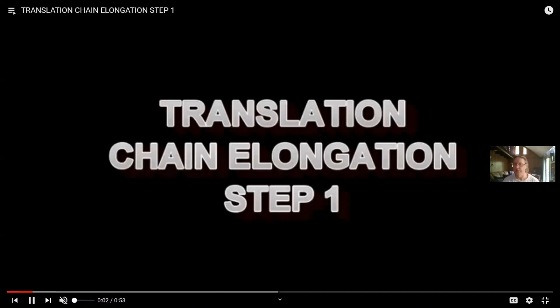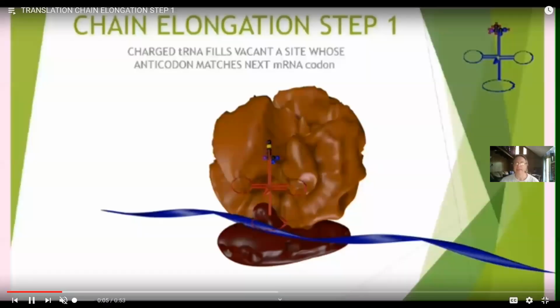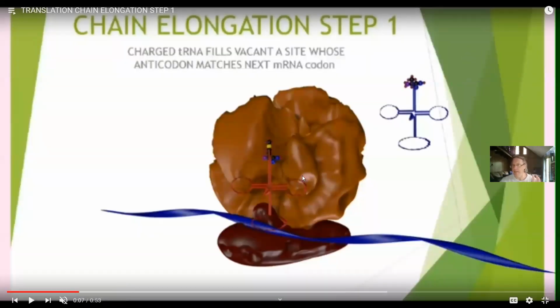So with that introduction, let's then talk about the process of translation. First, it initiates, as I just described. And then if we were going to take the next step of elongation, we could break it into a couple of substeps. So first, the ribosome, once assembled, has two sites which will fit tRNAs.